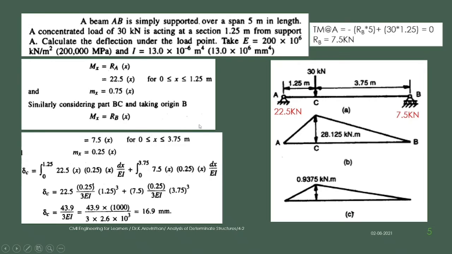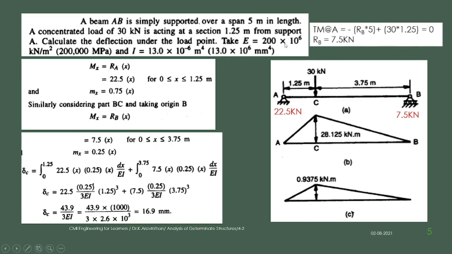Before getting into the problem, you should know the reactions. For a cantilever beam, we can start by taking the moment, but in the case of a simply supported beam, you have to find the reactions. How to find the reaction? You can take moment at point A and RB into distance 5.